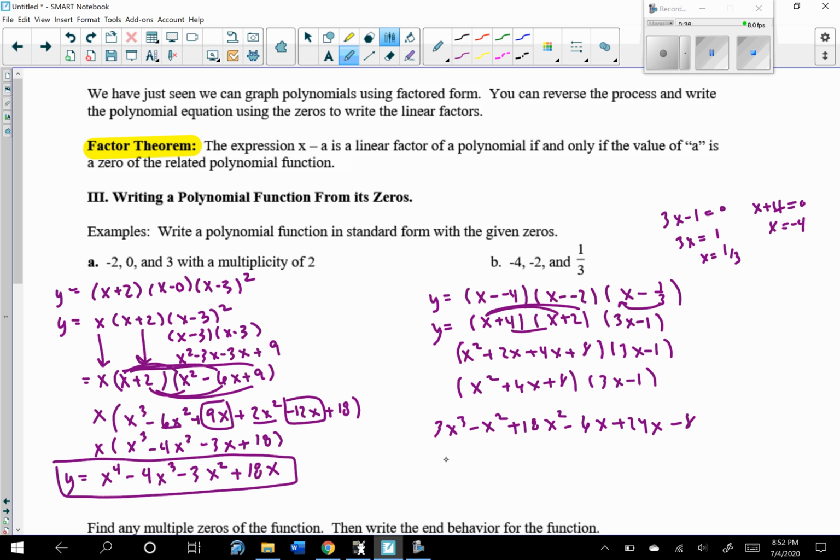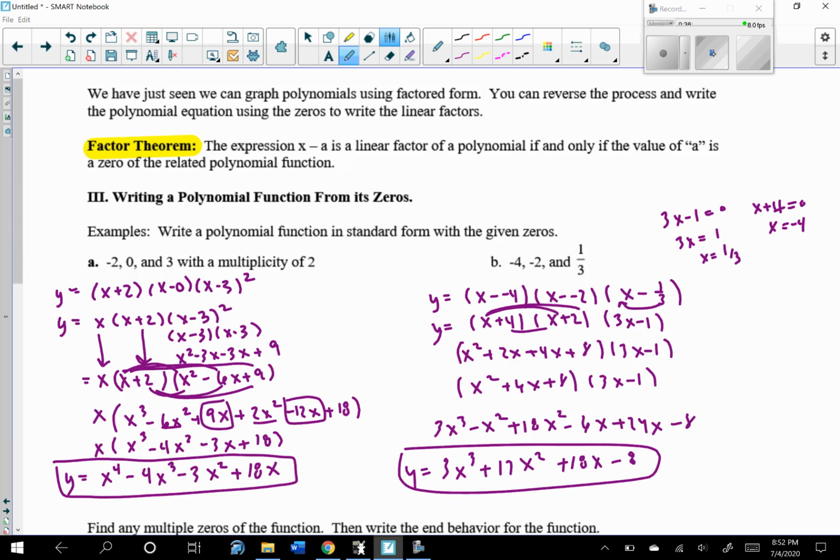And when I combine my like terms, I get 3x cubed plus 17x squared plus 18x minus 8. And that would be my standard form.